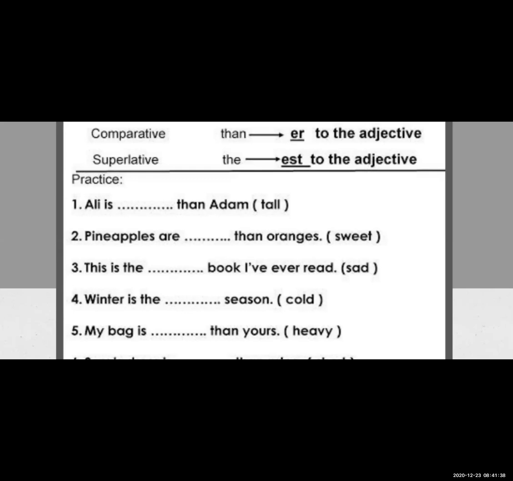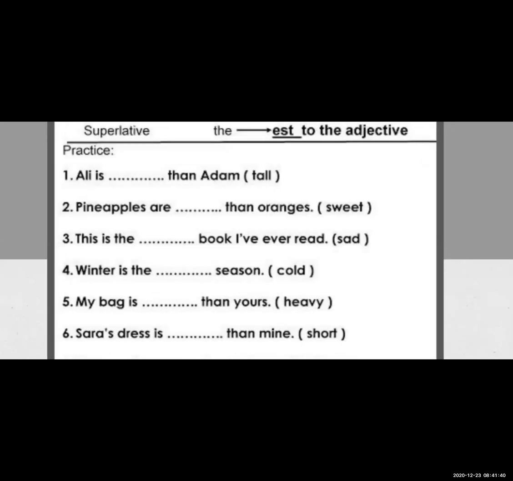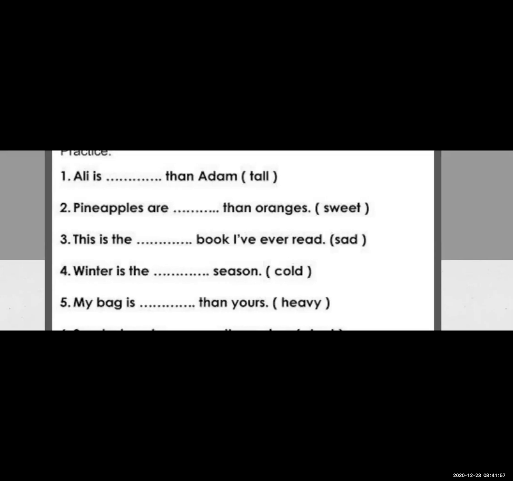Winter is the dash season. Now, winter is the dash season means what? Winter is the, cold will become what? Again, find which we have to transition. If you don't understand, simply see "than" or "the" in the sentence.